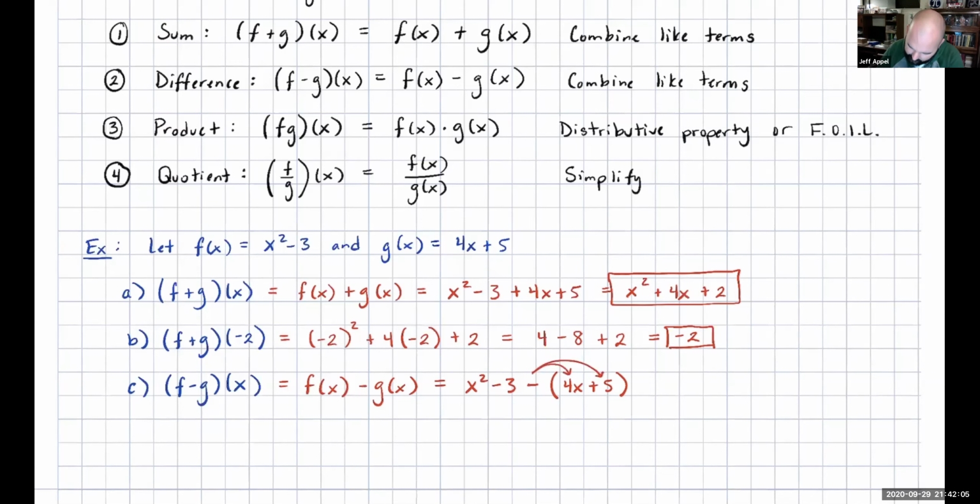So what are we going to end up with here? When we distribute that negative, we have x squared minus 3 minus 4x minus 5. And then when we go to combine like terms, we're going to get x squared minus 4x and then minus 8. So that's what we get from combining the negative 3 and the negative 5.